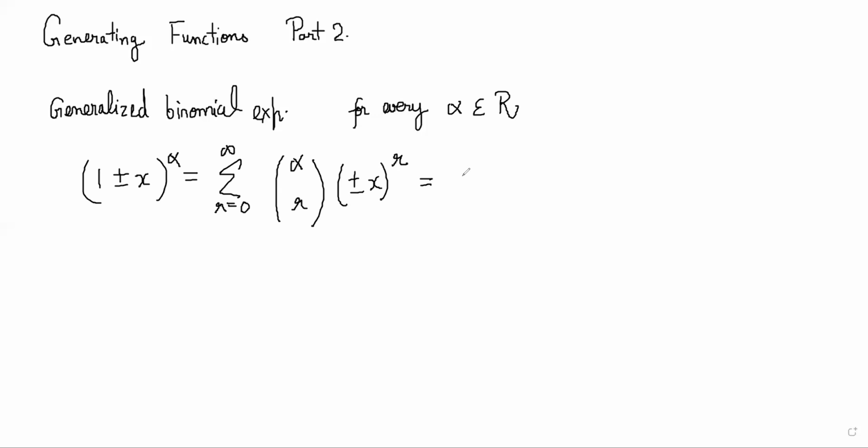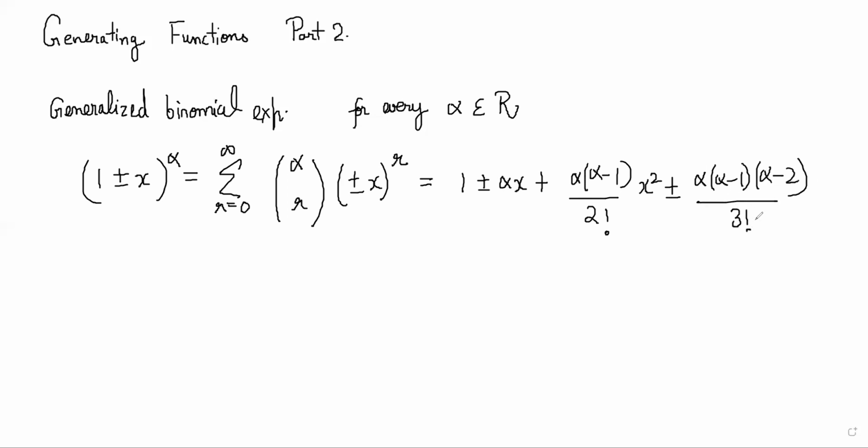This is equal to 1 plus minus alpha x plus alpha into (alpha minus 1) by 2 factorial x square plus minus alpha into (alpha minus 1) into (alpha minus 2) by 3 factorial x cube and so on.